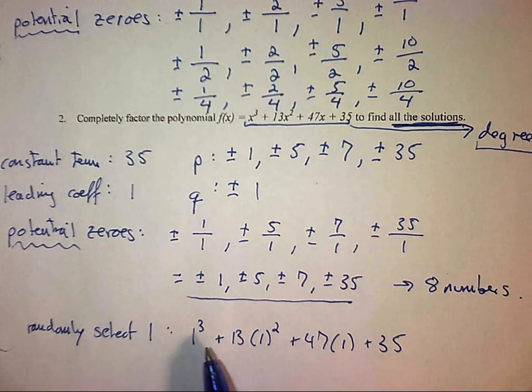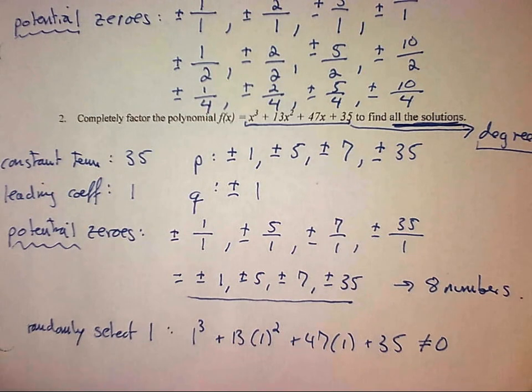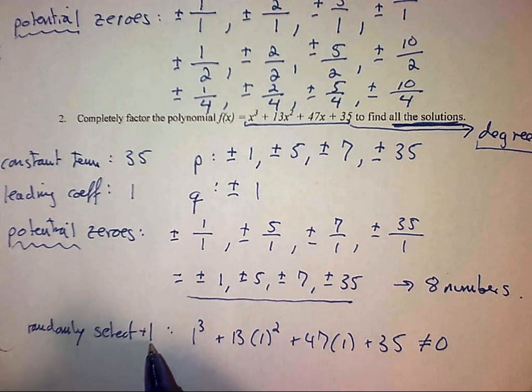Well, if you just look at this, I have a bunch of numbers and I'm adding them all together. This certainly does not equal 0. So because it does not equal 0, we know that positive 1 is definitely not one of our solutions.